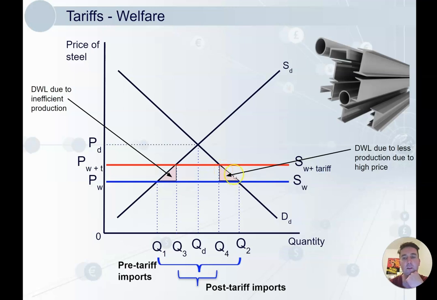And this deadweight loss is due to less consumption due to the higher price, right? People want it at a low price, people take it, but at the high price, people don't want as much. It's only because of that artificial tax in there that people aren't consuming it. So it's now not efficient. Okay, so those are our welfare losses.